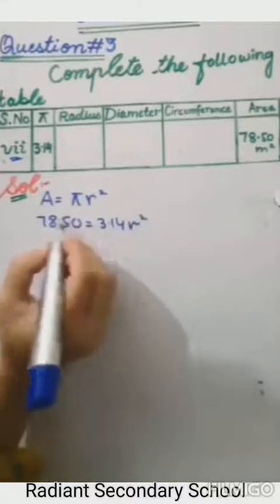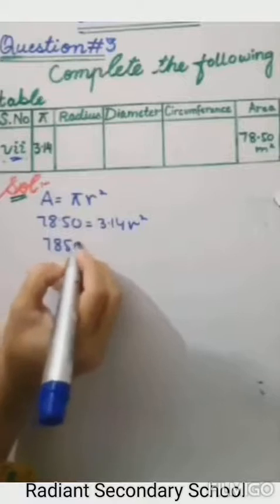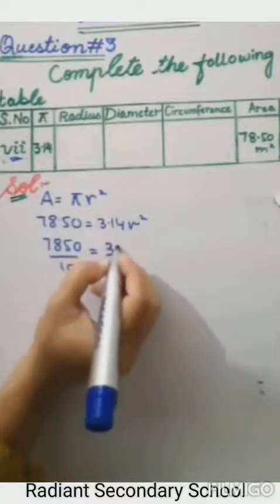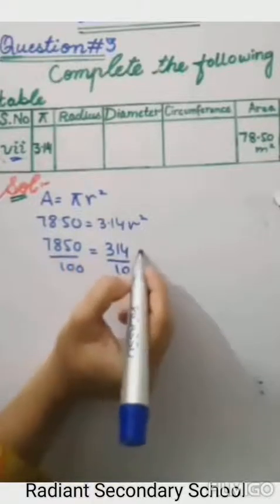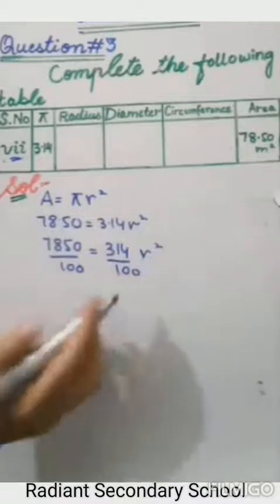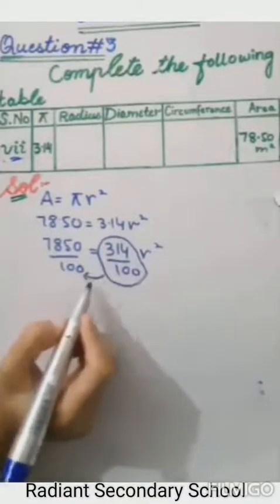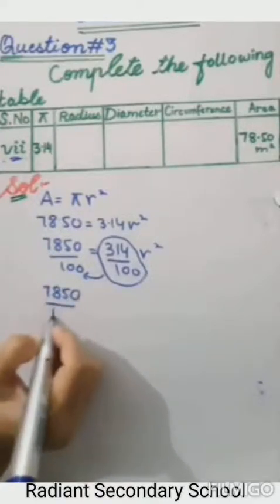it is. Now remove this decimal point. It will become 7850 over 100 is equals to, again remove this decimal, 314 over 100 is r square. Now we can take that whole fraction on that side. It will become 7850 over 100.